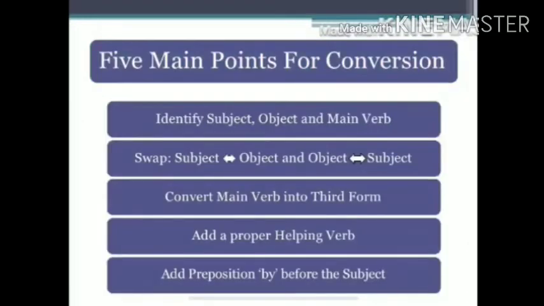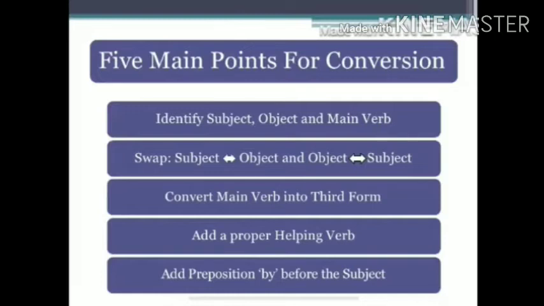There are 5 main points for conversion. If you want to convert an active sentence into a passive sentence, you have to keep these 5 points in mind. First, you have to identify which is the subject, which is the object, and the main verb. After identifying them, you have to swap: the subject from the active sentence will go to the object position in the passive sentence, and the object from the active sentence will come in place of the subject in the passive sentence.